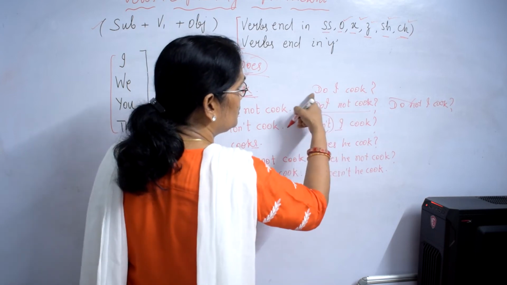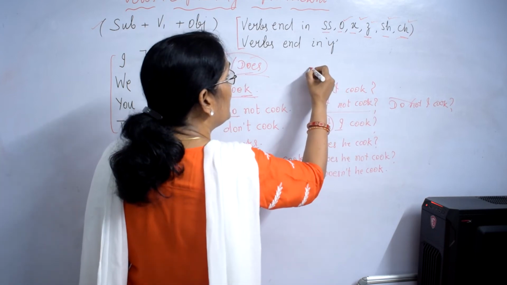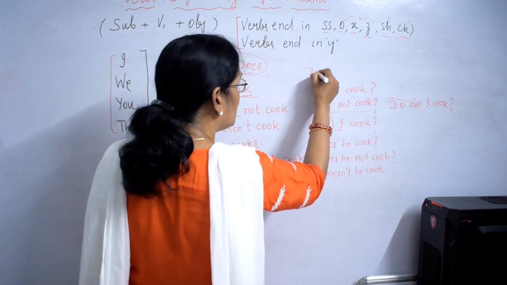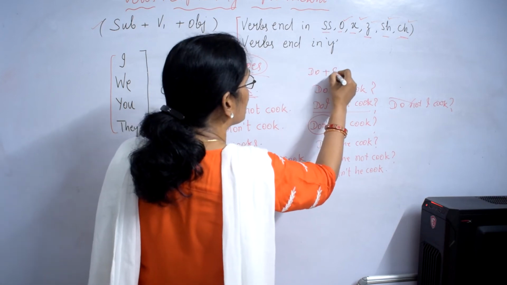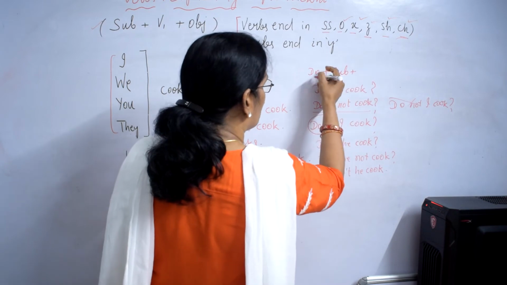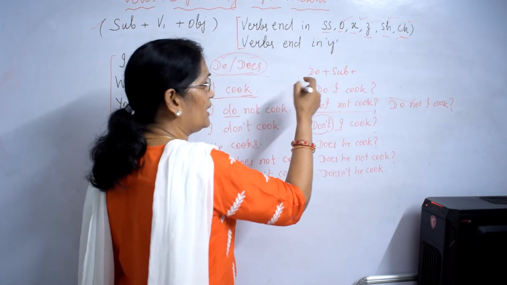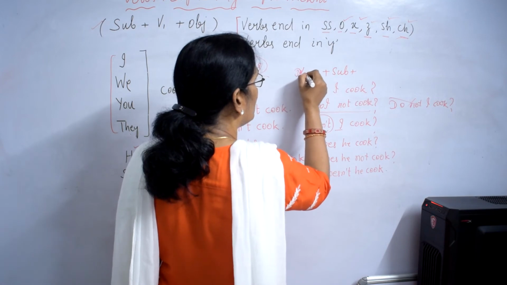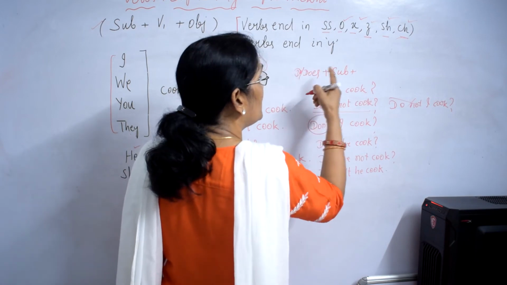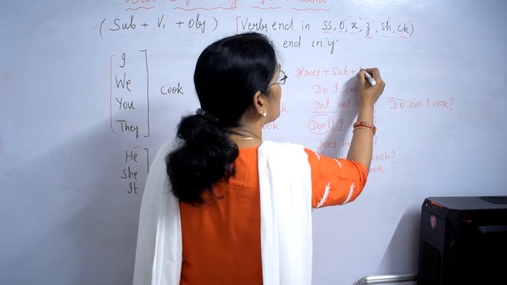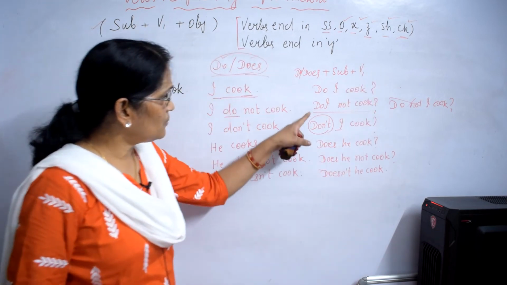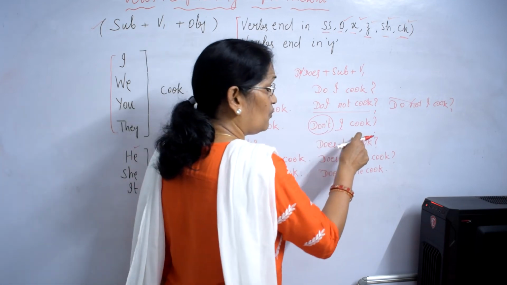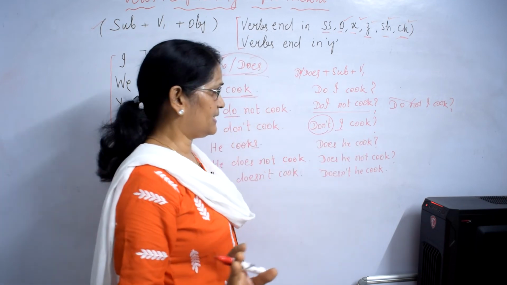For a negative sentence, what is the structure for a simple present negative sentence? First, the interrogative. This is the structure. Do I cook? So what is it? Do or does plus subject plus verb 1. When do or does we are writing, then the verb will be written without s or es.